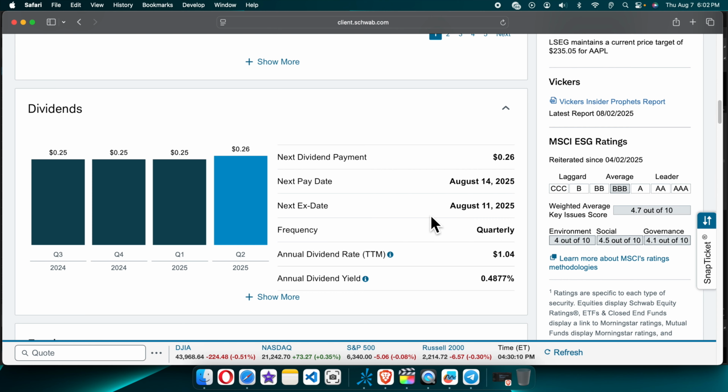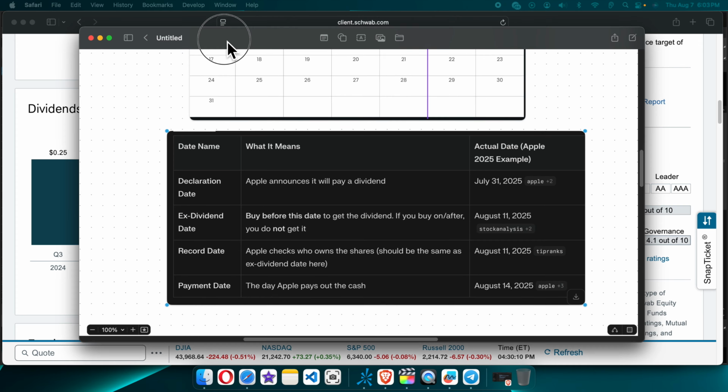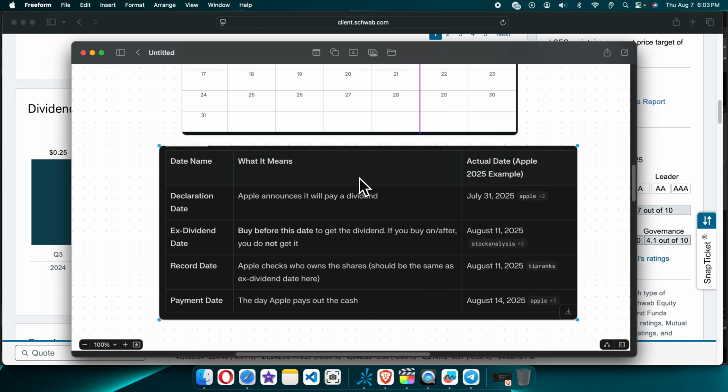So I tried to analyze, and I found that even ChatGPT gives me some information which actually contradicts the traditional documentation about which date you have to hold the share. There is much contradiction, but I'm telling you till which date you need to keep that stock so that you will get the dividend and not miss it.